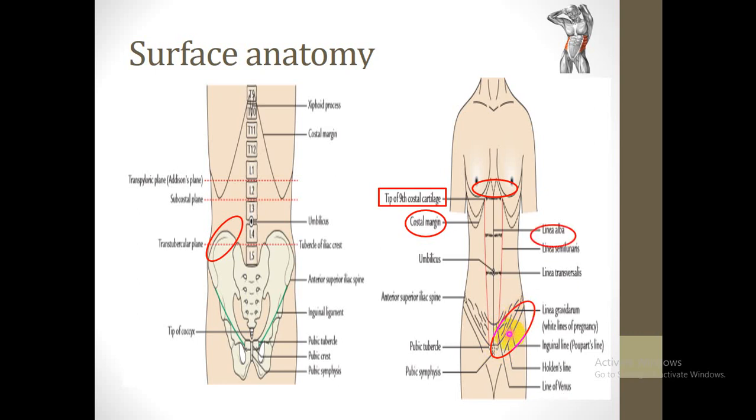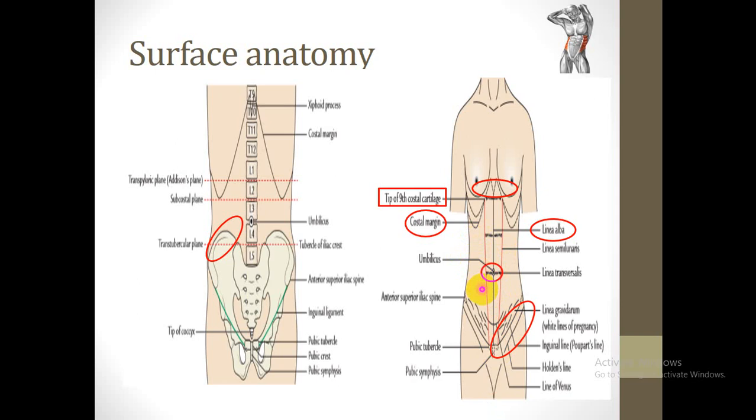The second landmark found here is the linea alba, which is a midline furrow found in the midline of the anterior abdominal wall, extending from the xiphoid process to the pubic tubercle. This corresponds to the linea alba, which is a tendinous raphe made by the aponeurosis of the anterior abdominal muscles.